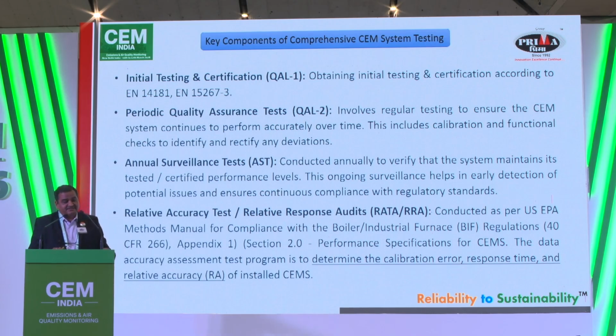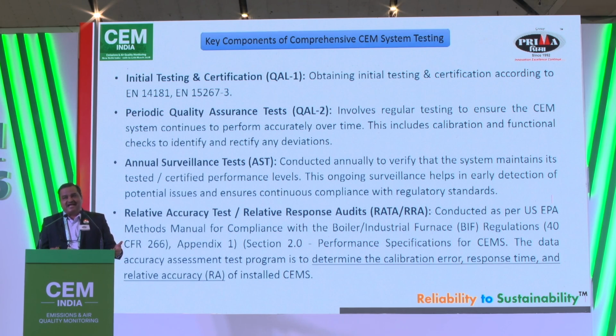Then the annual surveillance test. Forget about QAL 2, because QAL 2 comes every 5 years. The AST comes every 1 year. And if you fail the AST at 1 year, you definitely have to perform QAL 2, irrespective of the 5-year term. So if your AST fails in the second year, you have to completely redo the QAL 2 testing.